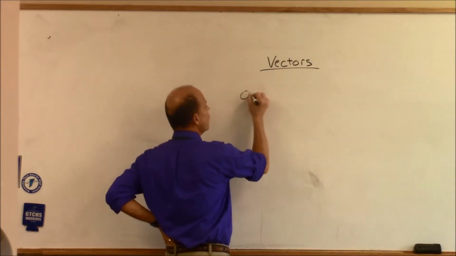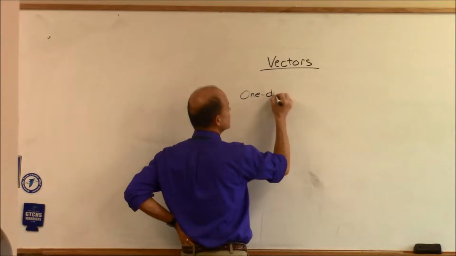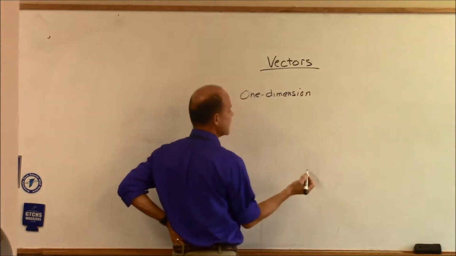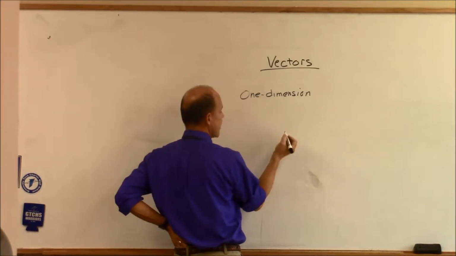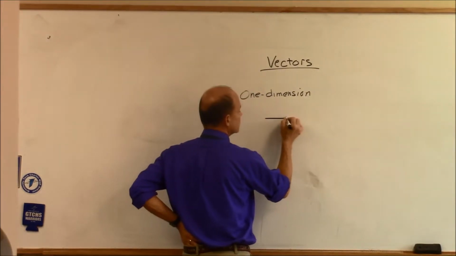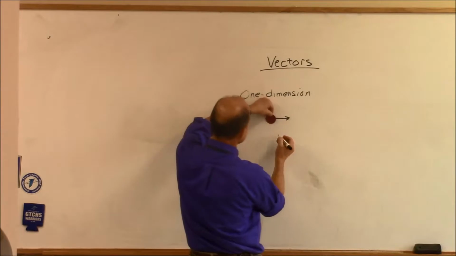But in terms of one-dimensional speed problems, let's say we have an airplane that is traveling 500 miles an hour to the east. So let's represent this arrow.